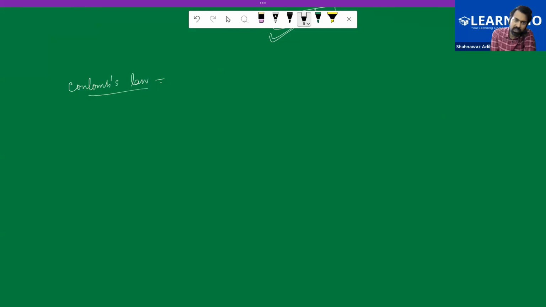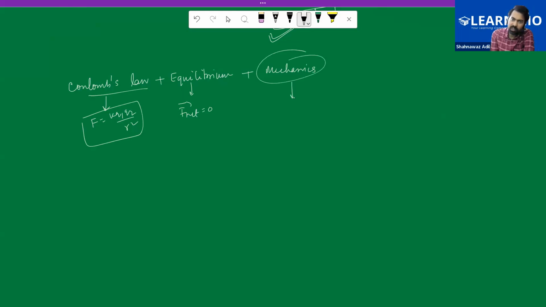We will be using equilibrium, right? Coulomb's law, which means that force is kQ1Q2 by r square. Equilibrium means that F net would be 0. And then we will use mechanics. In mechanics, we will use free body diagram. These are the things that we have to do, right?